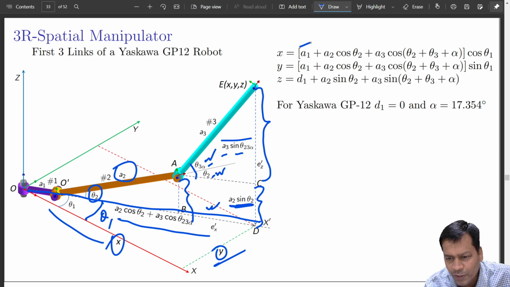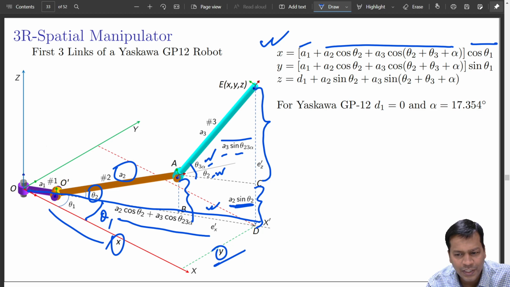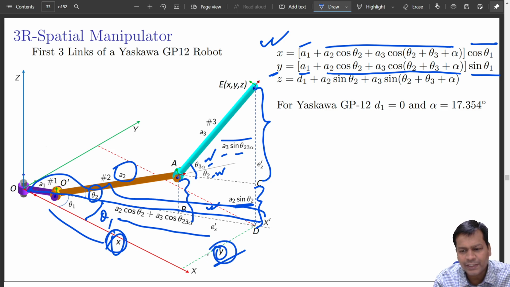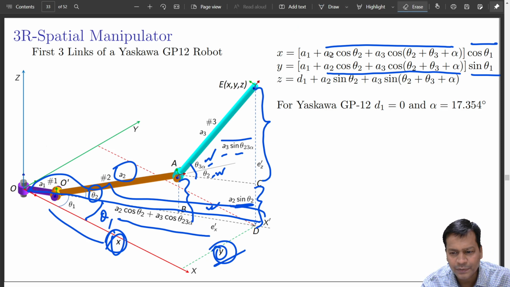So A1 plus this, cosine of that is X, and A1 plus the same, sine of that is Y. So the whole of this distance, cosine and sine of it, is X and Y. Hope you have got till here.